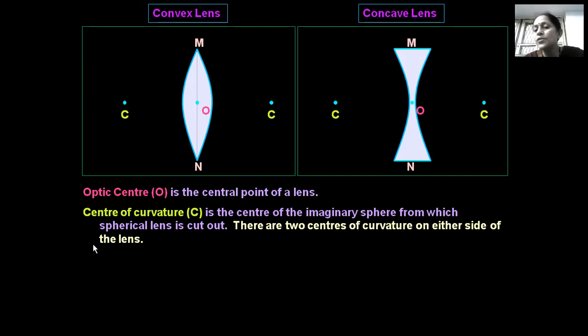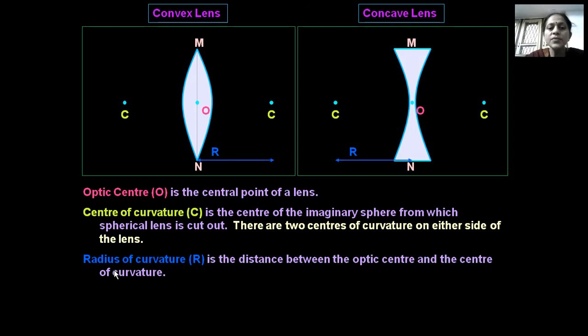There will be no refraction. C is the center of curvature, R is the radius of curvature. For further information you can go through the NCERT textbook or reference book. Your notes can be prepared from this PPT also.